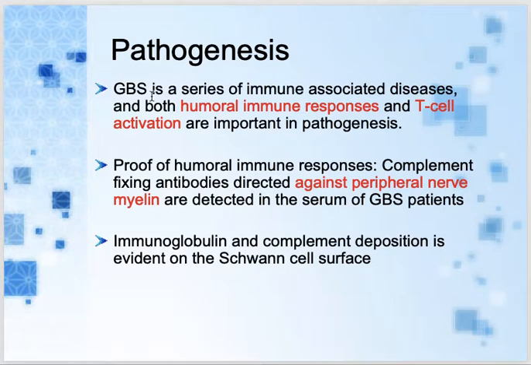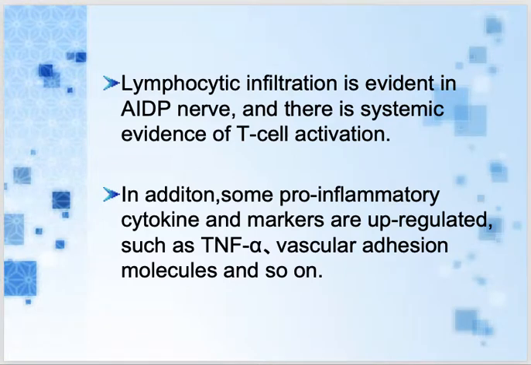And of course, I would not go into too much detail of this thing, but it's an autoimmune condition. So of course there will be T cell activation, and there will be antibodies directed against the myelin sheath of the peripheral nerves, and simply they are going to destroy that, and that's the result. When that is destroyed, then there will be a demyelinating type of nerve involvement.